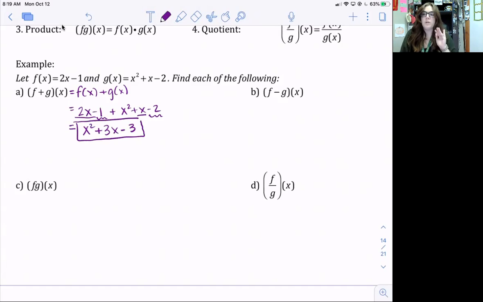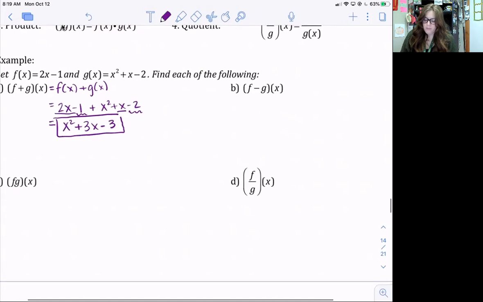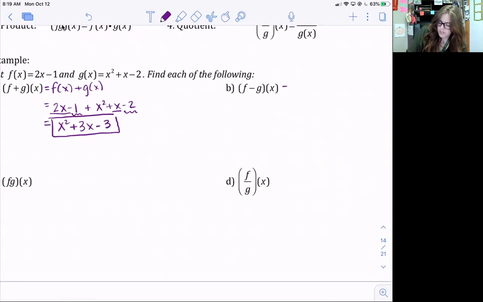We don't solve it, we don't simplify for x, we're just simplifying the expression. So now if we look at B, f minus g of x means we're doing f of x minus g of x. Remember, the thing we have to be careful about with subtracting is that we distribute our negative. I'm going to make sure to put g of x in parentheses.